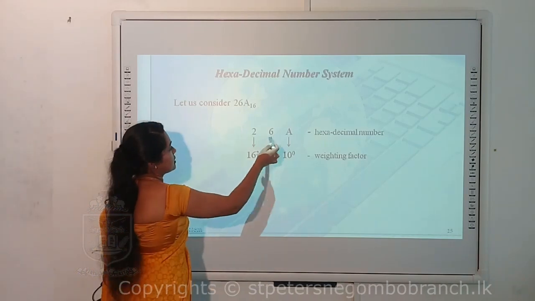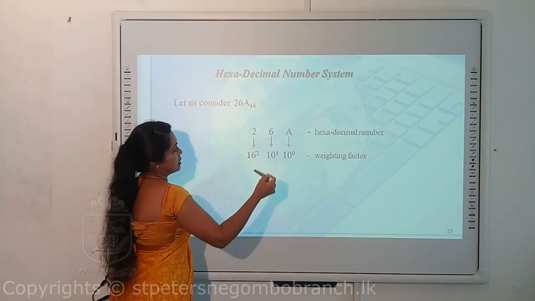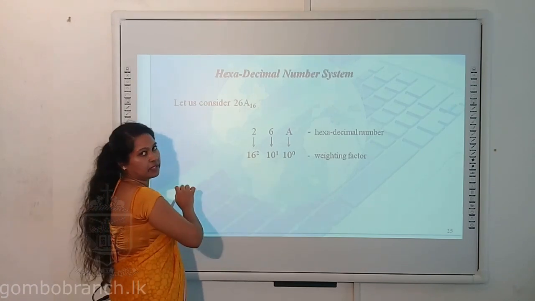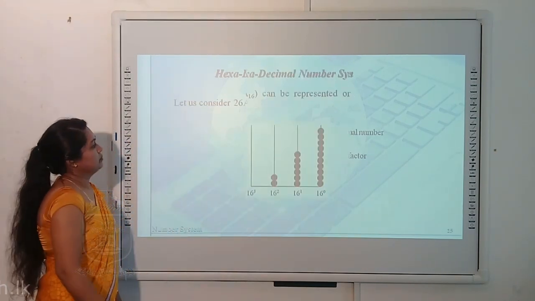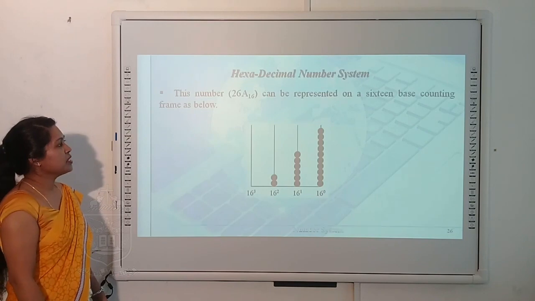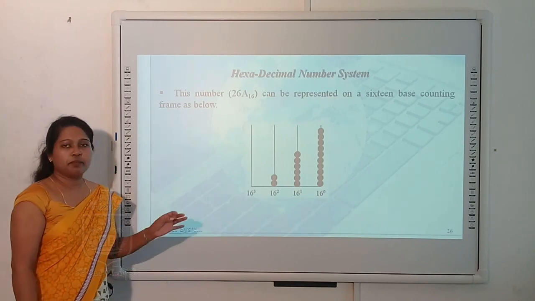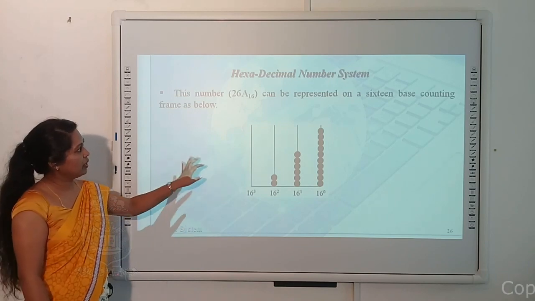Right? As example, there is a hexadecimal number and weighting factor. 26A base 16 can be represented on a 16 base counting frame like this.